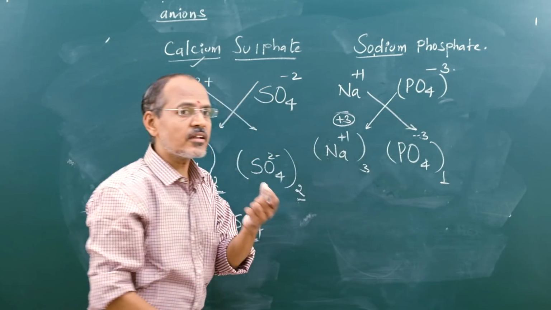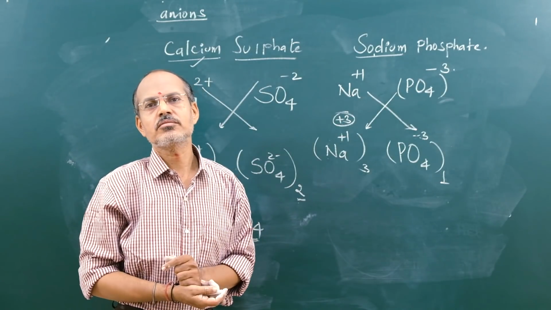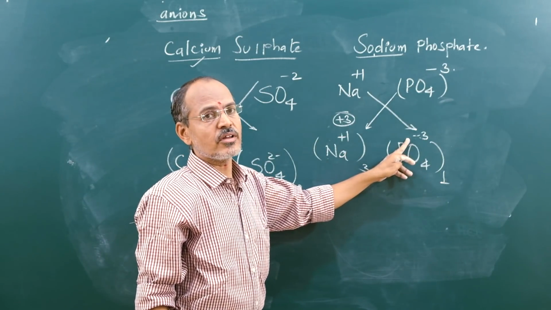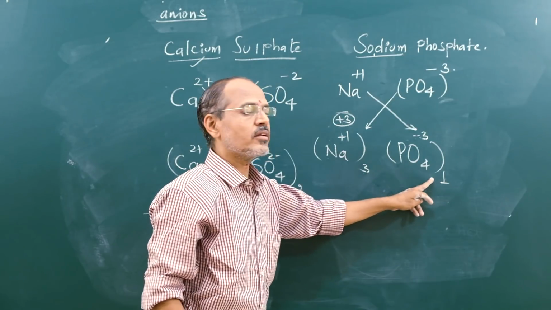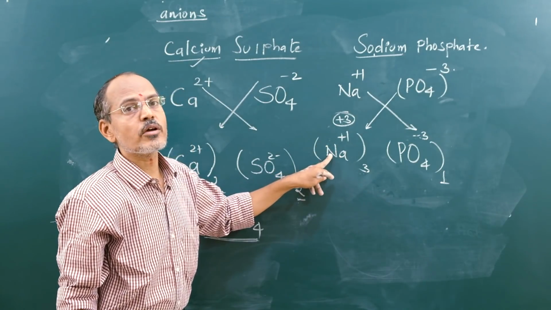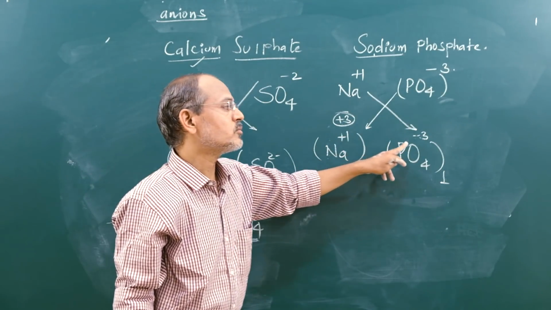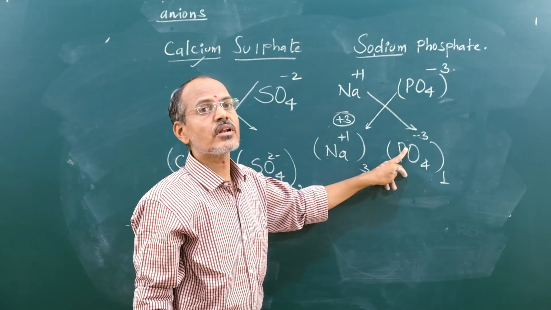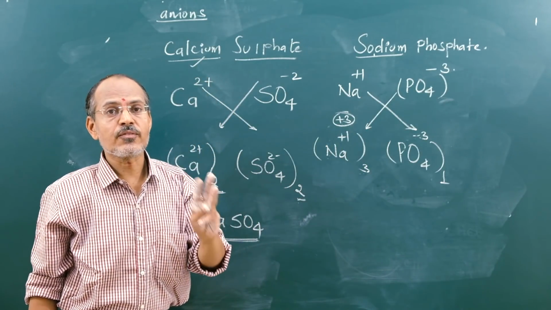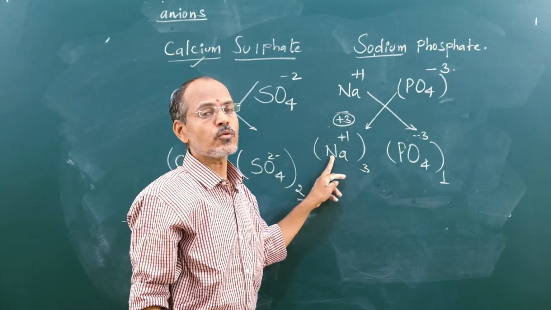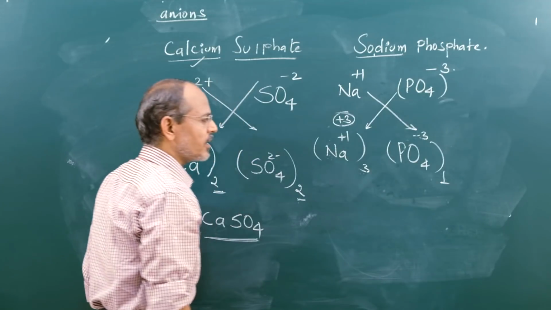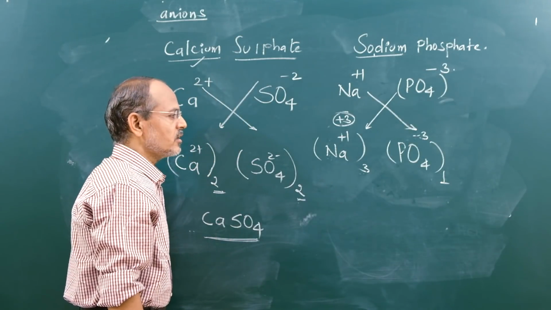The sum of the charges in a molecule will always be 0. So try to remember this: 1 phosphate group combines with 3 sodium atoms. Here it is plus 3 and this is minus 3, so the net charge will be 0.